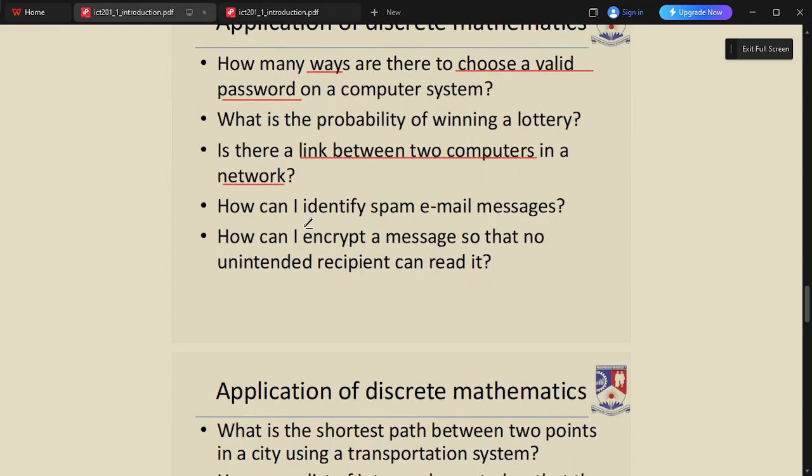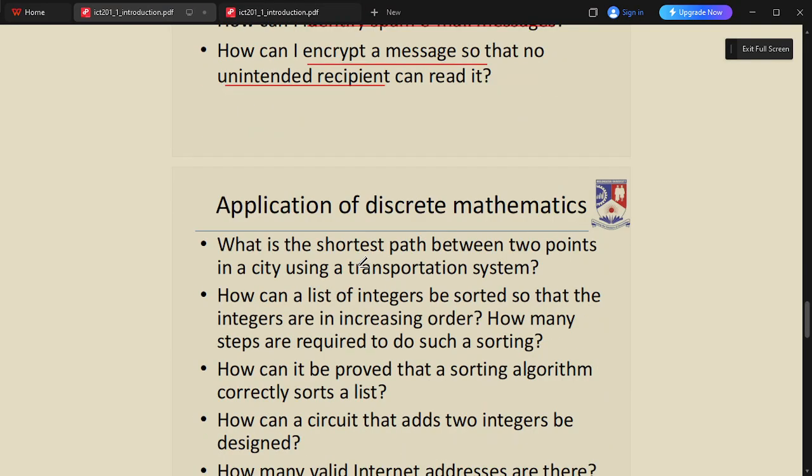It helps you identify spam emails. It can help you encrypt a message so that no unintended recipient can read it. That is what discrete mathematics can be used for in computer science.